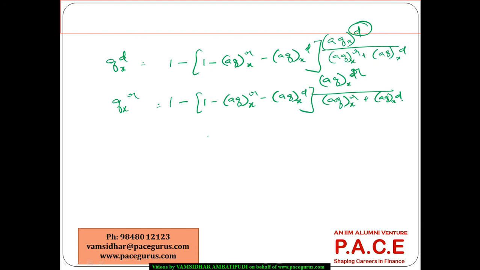Once I have the dependent probabilities, I can link them with the independent probabilities and vice versa through these different kinds of relationships. And the comfort on the usage of all these different relationships is very much important to solve the numericals that exist with multiple state or multi-decrement kinds of tables, right?